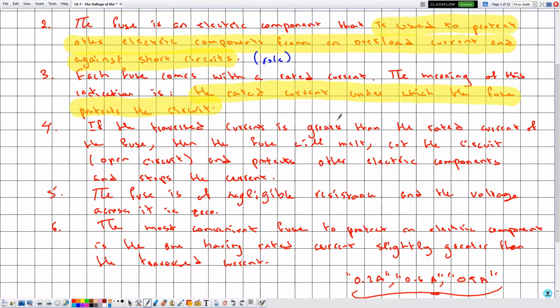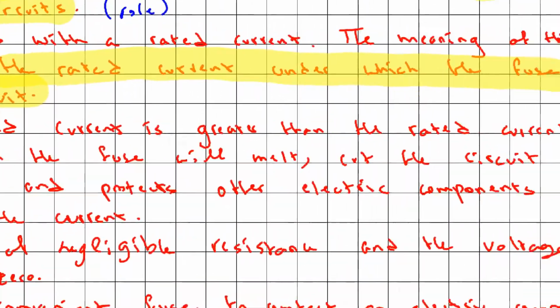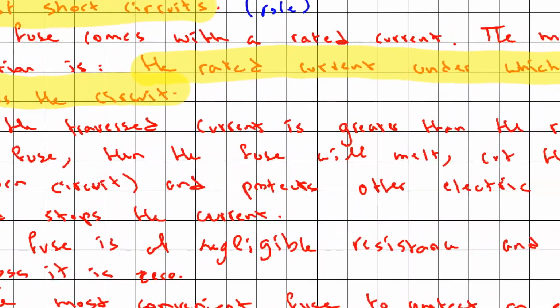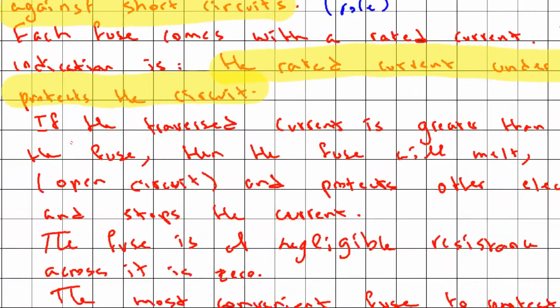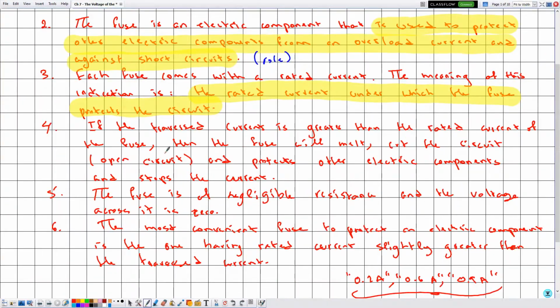So if the traverse current is greater than the rated current of the fuse, then the fuse will melt, cut the circuit, and protect other electric components and stop the current.